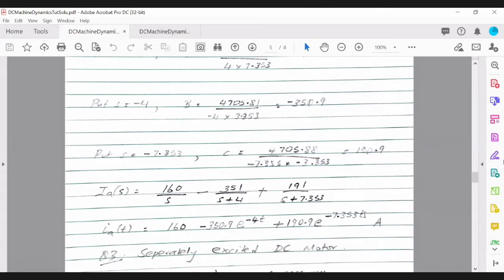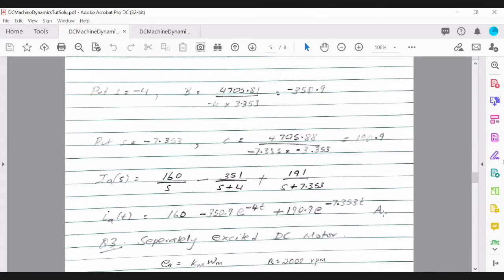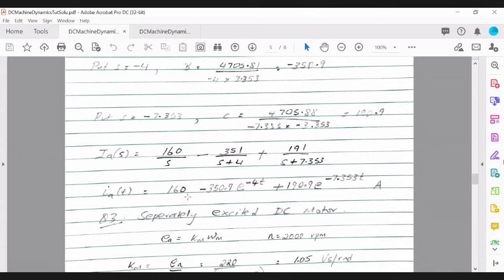So when you write now the current in terms of partial fraction expansion, there are your three terms with a, b, and c in the numerator. And then you can apply your inverse Laplace transform to get the expression for your armature current.